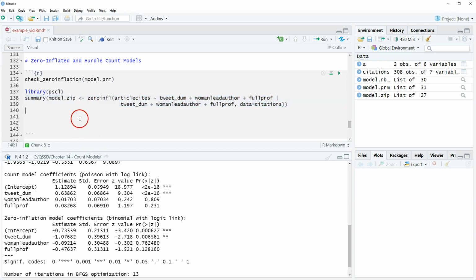Now, there is a common test for comparing a zero-inflated model and a standard count model. We can compare this model here, the zero-inflated Poisson, with the quote-unquote regular Poisson. You can only compare within the same family. So you can compare a zero-inflated negative binomial and a negative binomial, but you can't compare with this test a zero-inflated negative binomial and, say, a Poisson model.